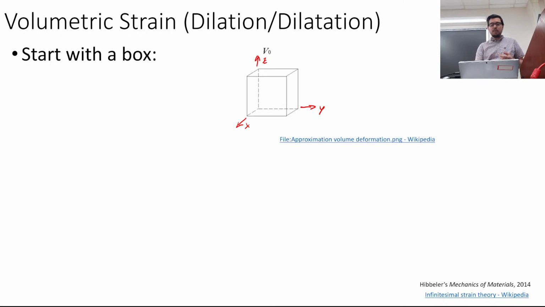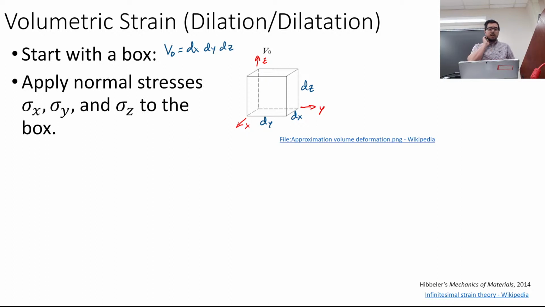So if we start with a box, which we can think of as either a material element or an infinitesimally small portion of a structure that we're analyzing, we can describe its volume. And we can put some dimensions on this box as well. So this is a really small box with lengths of dx, dy, and dz. And we have a coordinate system as well.